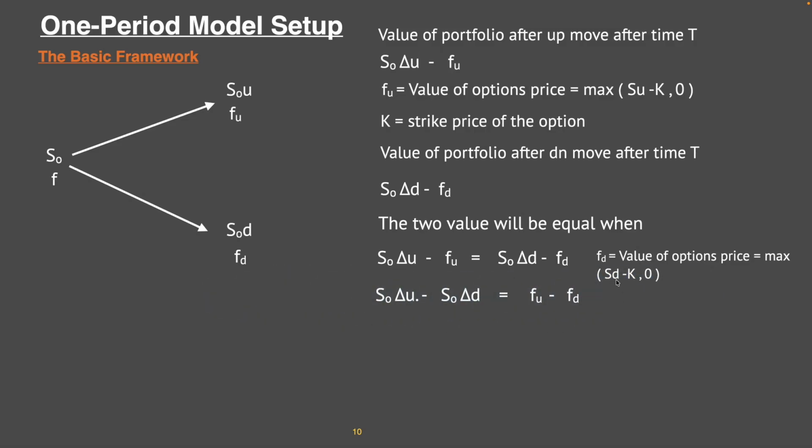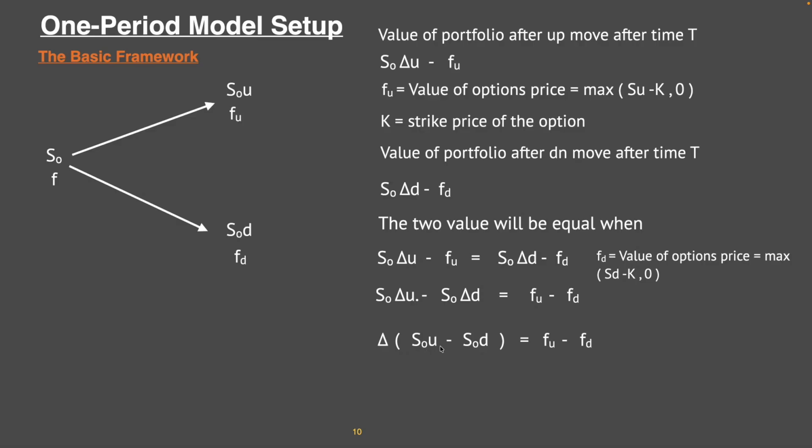So if we simplify this equation, it is so simple. What are we doing? We are taking S0 and delta as the common factor, so it becomes S0 delta into U minus D, Fu minus FD. If you take out the delta, because you need delta now, delta is the number of contracts to be shorted.